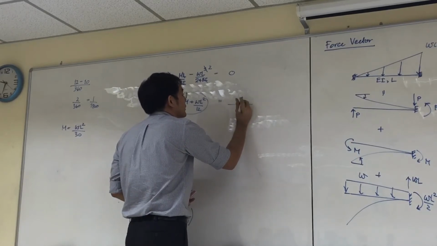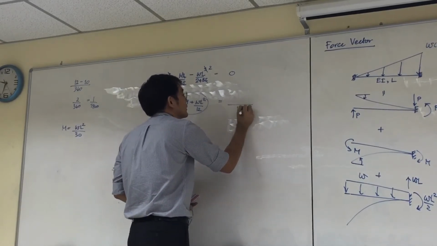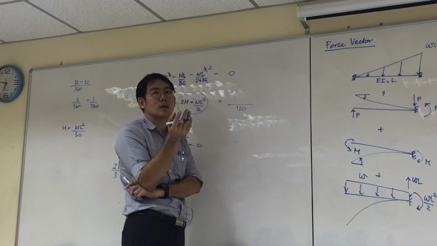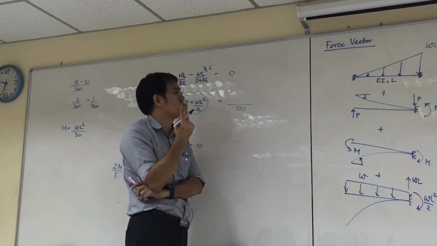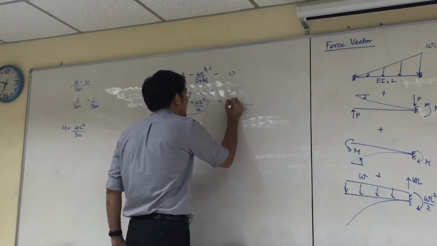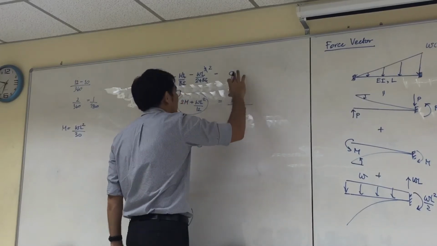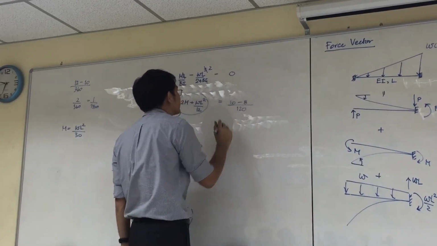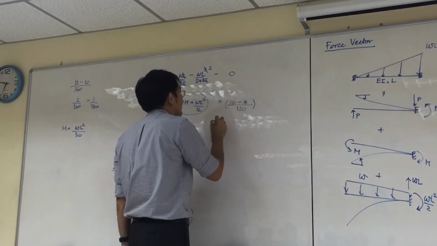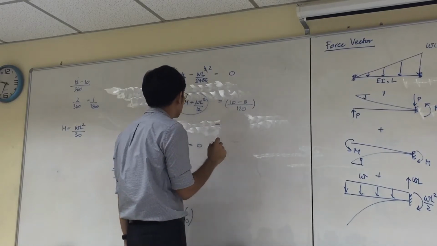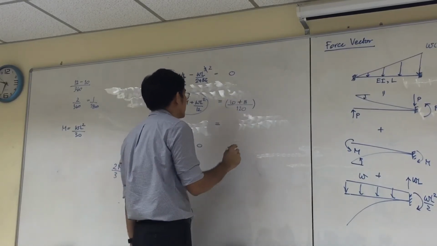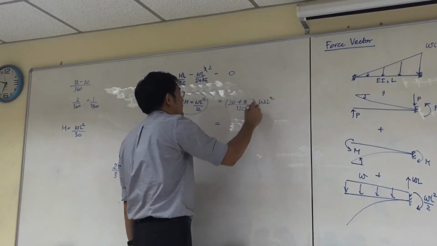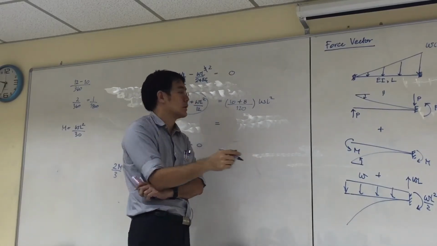Something over 120. 15 times 2, you get 30, and 30 multiplied by 4 is 120, so that's an 8, and 10 minus 8, plus. So 18 over 120.